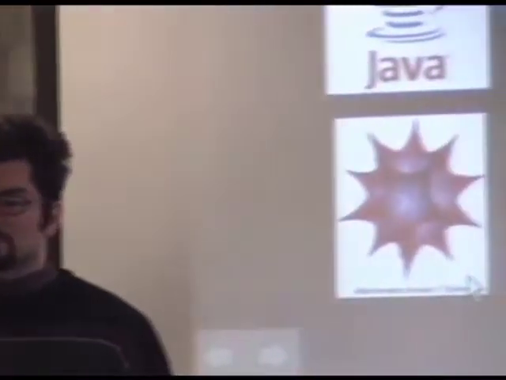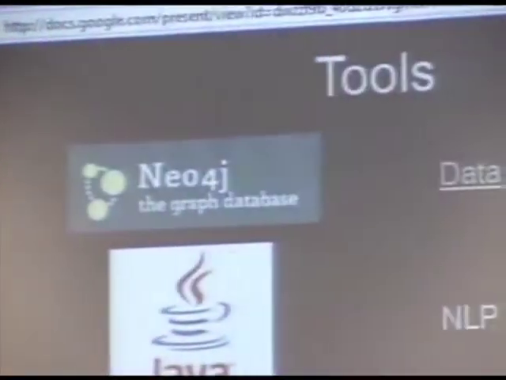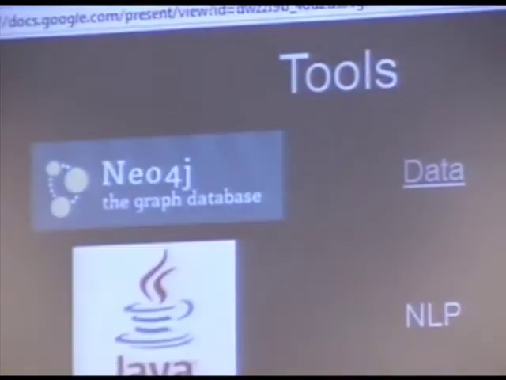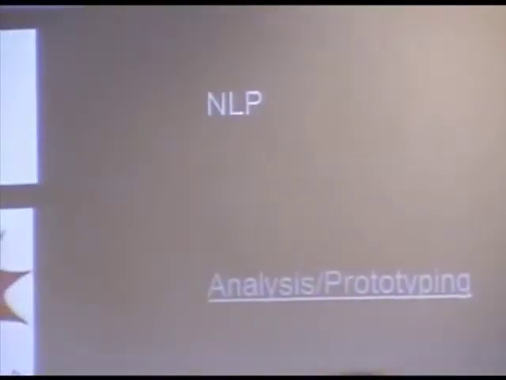And the way I'm building this is with this graph database that's pseudo open source called Neo4j. I say pseudo open source because it also has a commercial license if I decide to commercialize the product, which I don't foresee. And then everything's done in Java except for some prototyping, which I do in Mathematica.